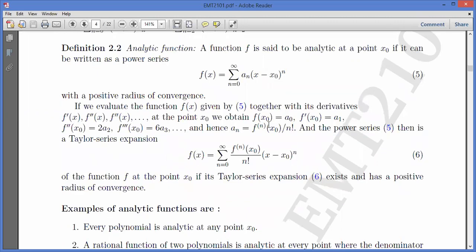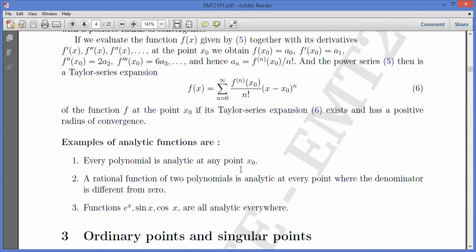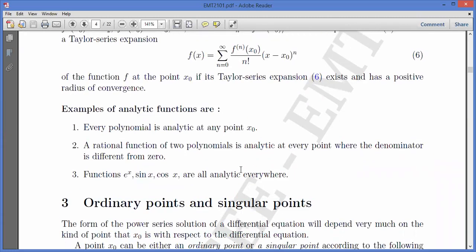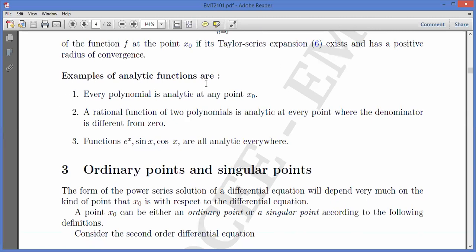And we said if you go through these derivatives several times, I've already demonstrated this, you'll end up with situations like this. But this will also depend on the nature of the equation. And sometimes when you differentiate, you may be forced to use the Taylor series expansion. That one we will preempt further in the examples we are going to do. And here we look at some examples of analytic functions.